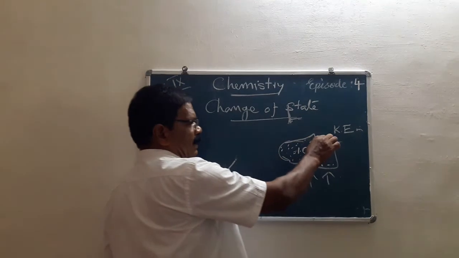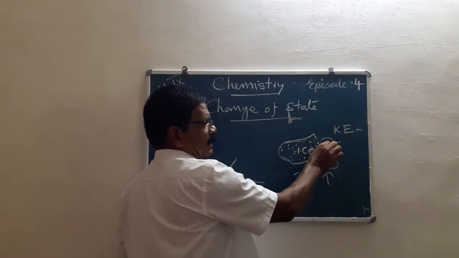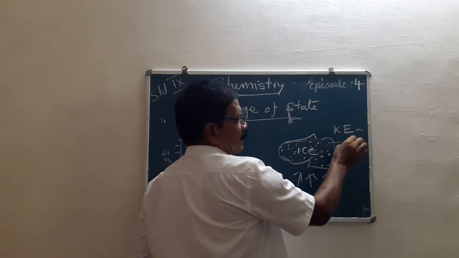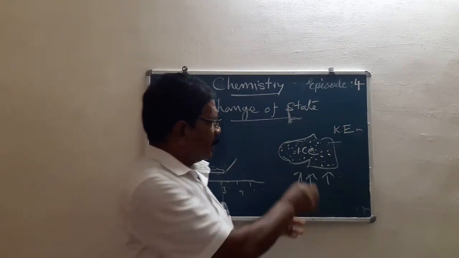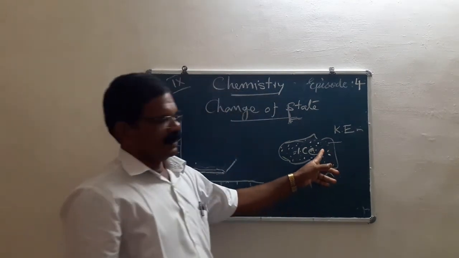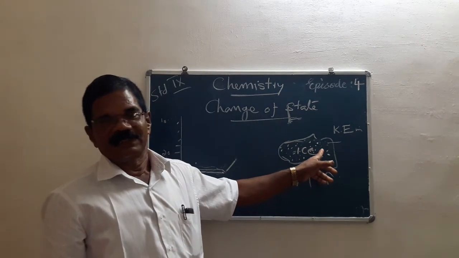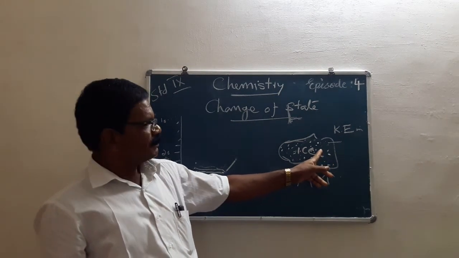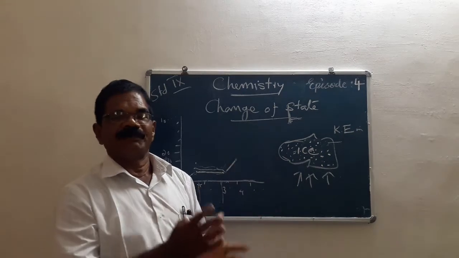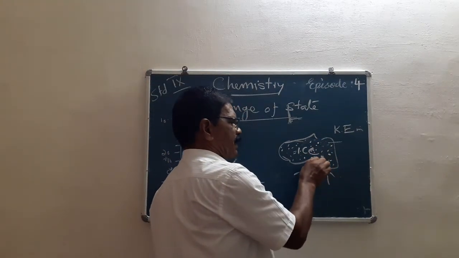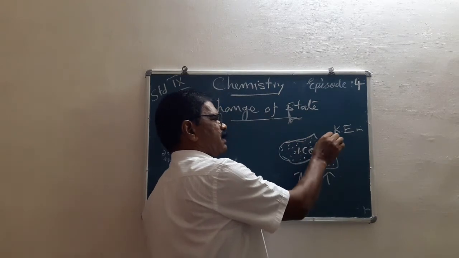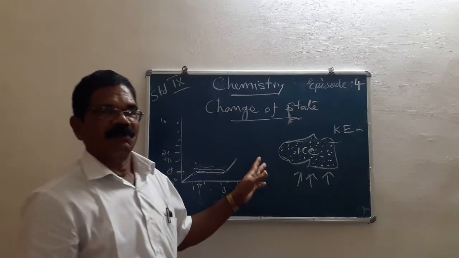First, on heating, the kinetic energy of the particles increases. Then we already know that in the solid state, the particles are closely, tightly packed. The distance between the particles is very small, and the particles cannot move.